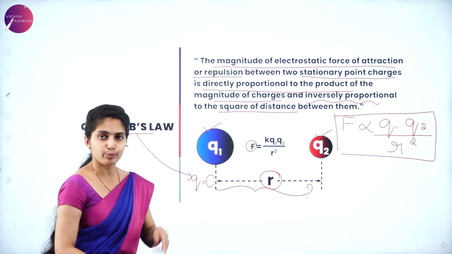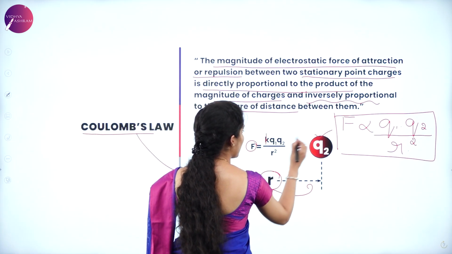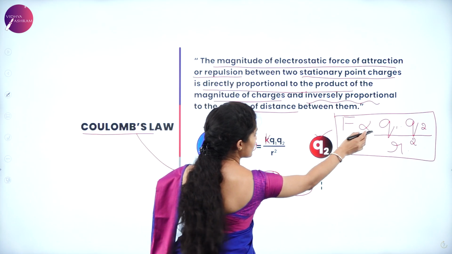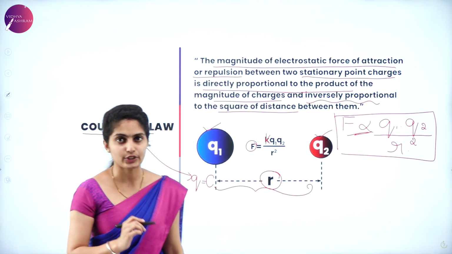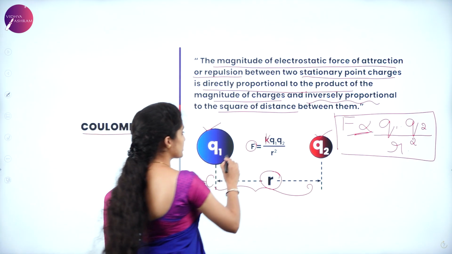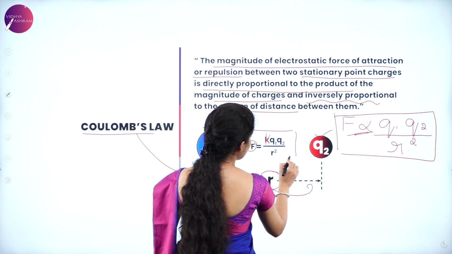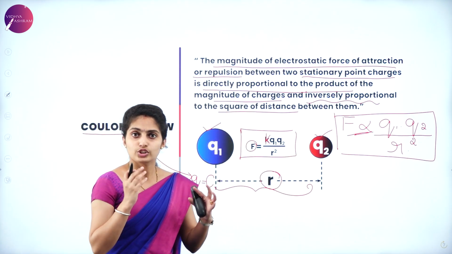Removing the proportionality, you just replace alpha with K, the proportionality constant. F is equal to K times Q1 times Q2 divided by R square. So this is the equation to understand Coulomb's law.